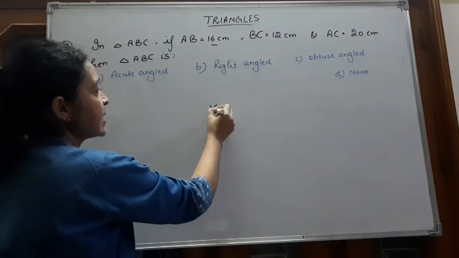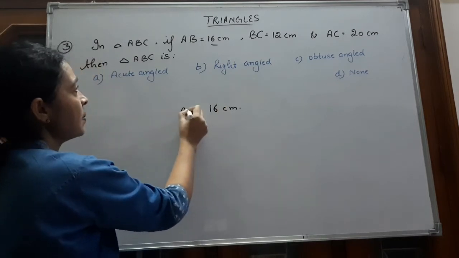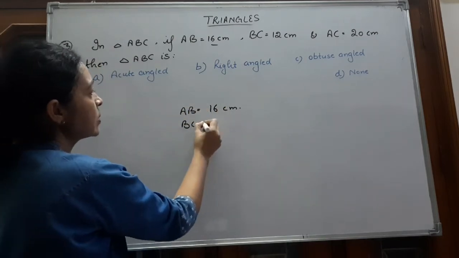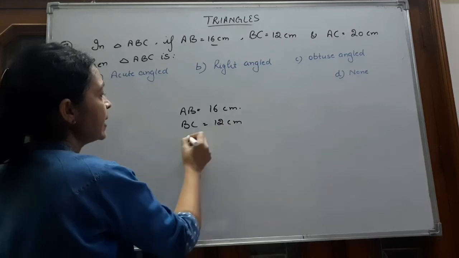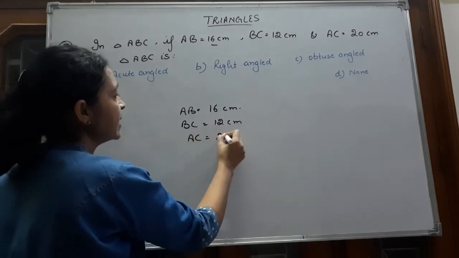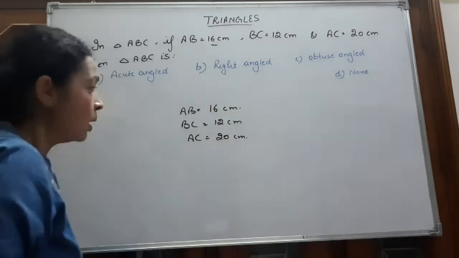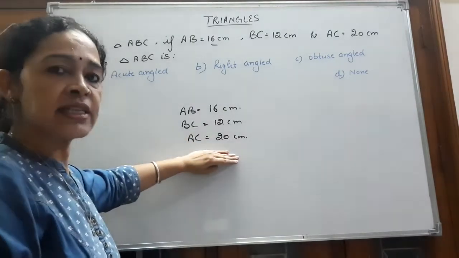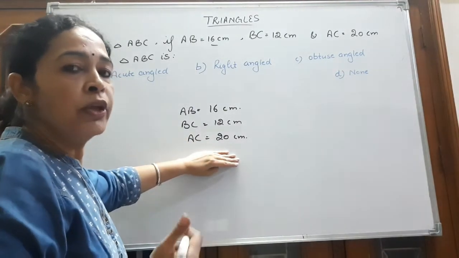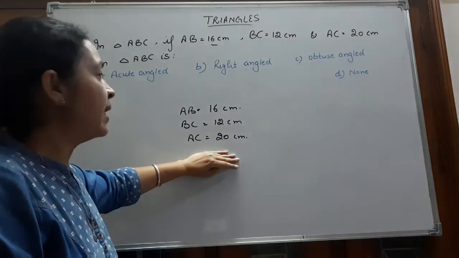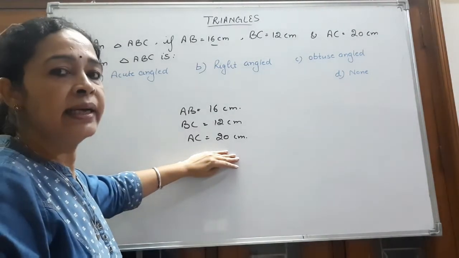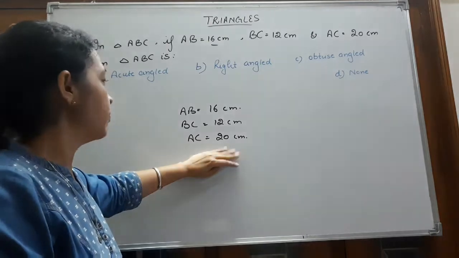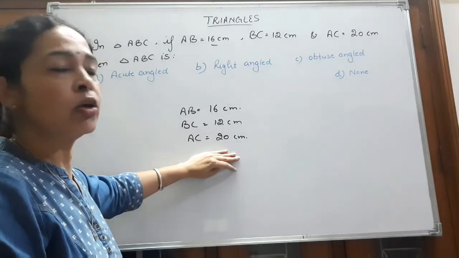AB is 16 centimeters. This is AB. BC is 12 centimeters and AC is 20 centimeters. AC is the longest side. We know if we have a right angle triangle, hypotenuse is the longest side. Let's check whether it is a right angle triangle or not.